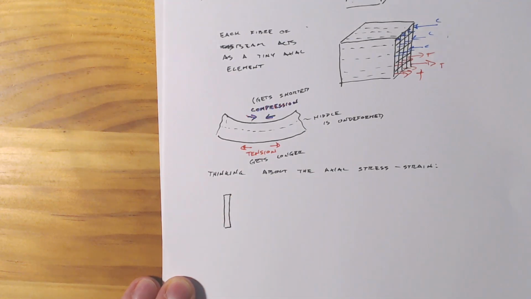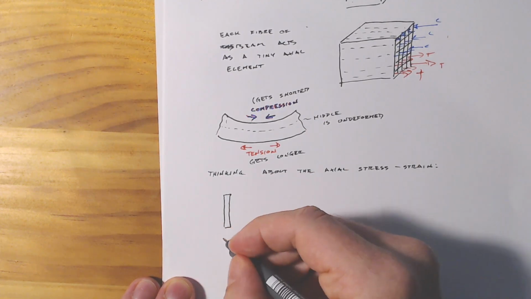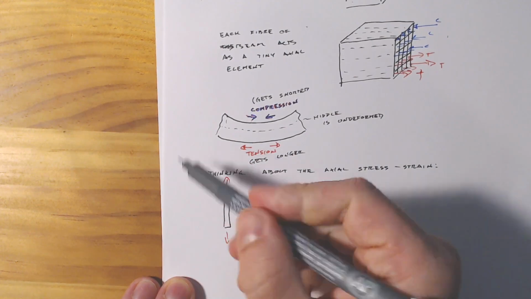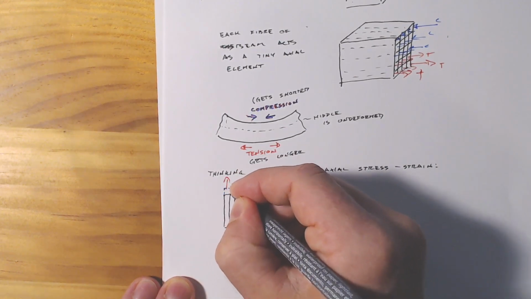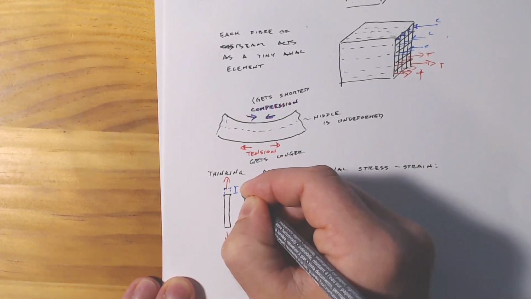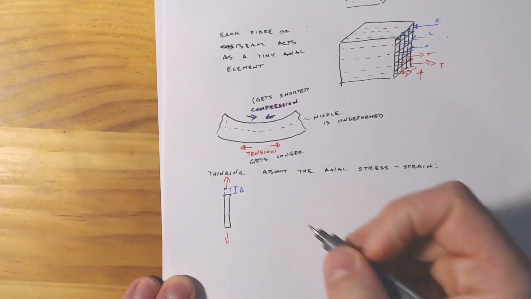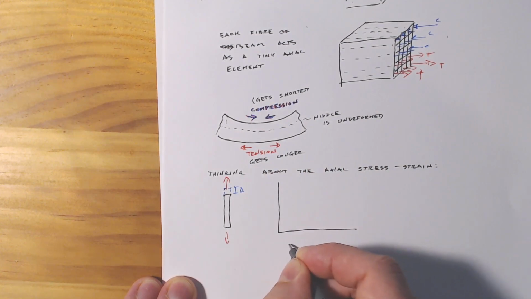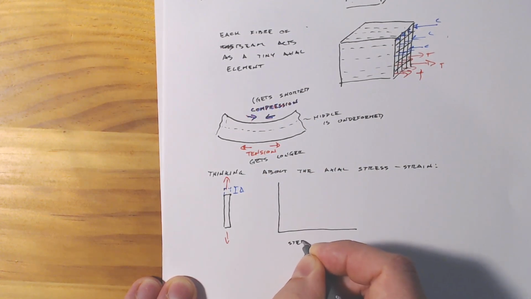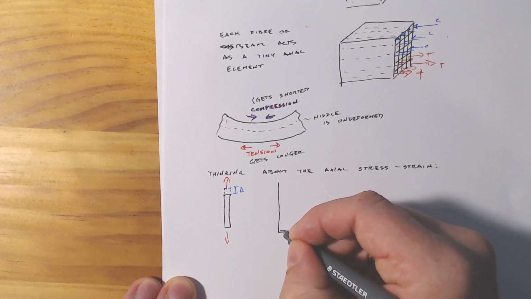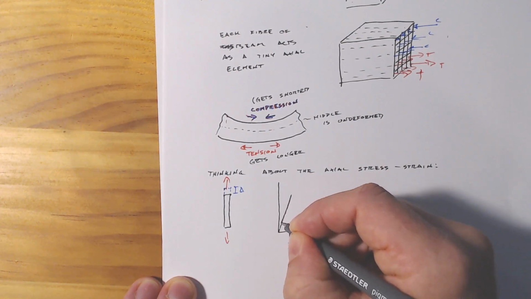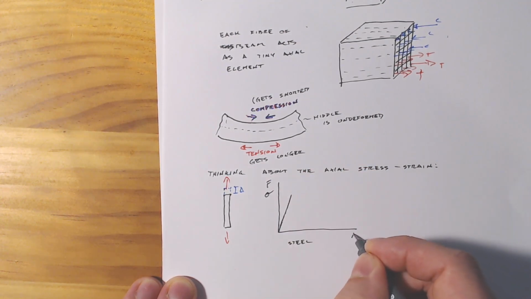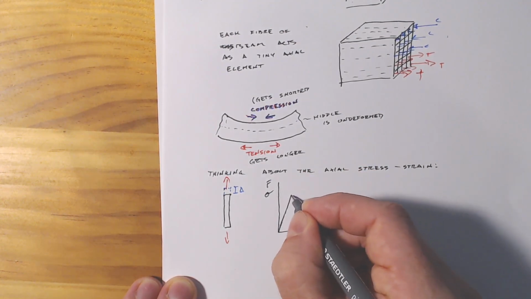So if we've got some axial element and we're pulling it with some tension, it will deform some delta. And then obviously we've all seen this, so we'll just, for steel, what we can see is that we've got some force or stress and some deflection or strain.